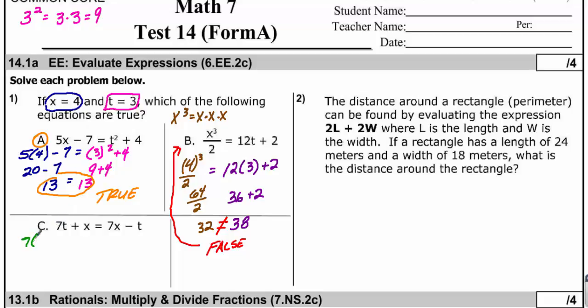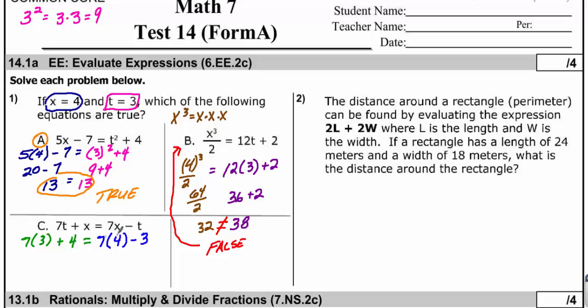Letter C, 7t plus x plus 4. So again, we look at t is equal to 3. 7 times 3 plus x plus 4 equal to 7 times x, 4, minus t, so minus 3.